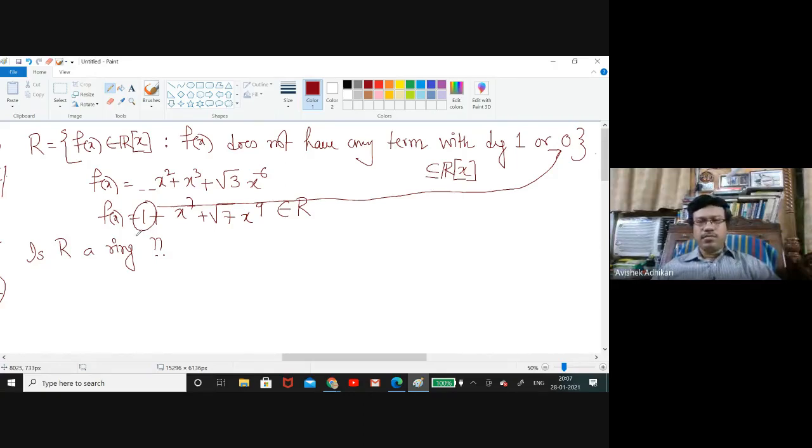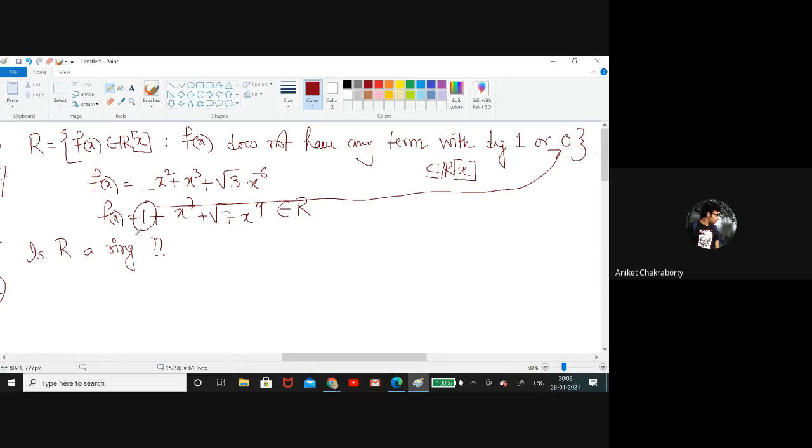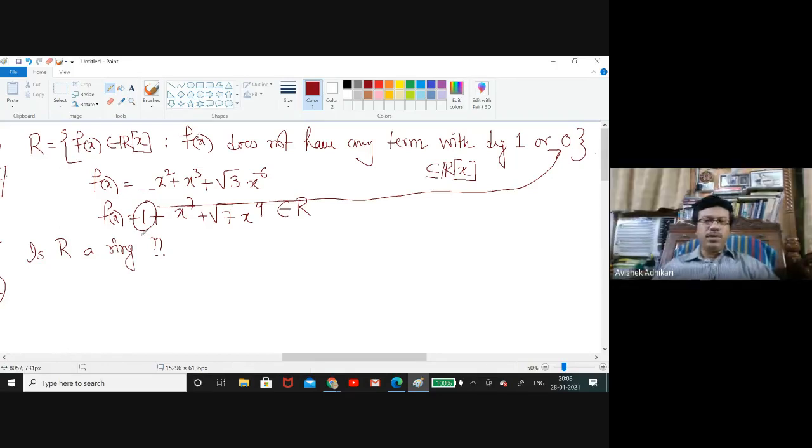Is R a ring? Yes, sir. R must be a ring. Okay, then what is the zero element of R? So according to you, R with plus and dot is a ring.